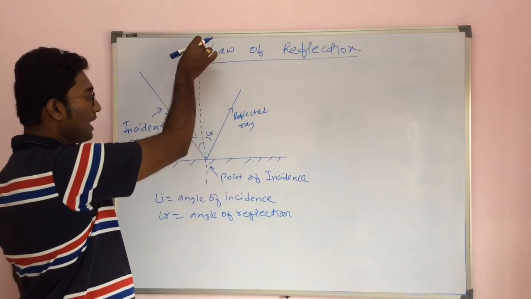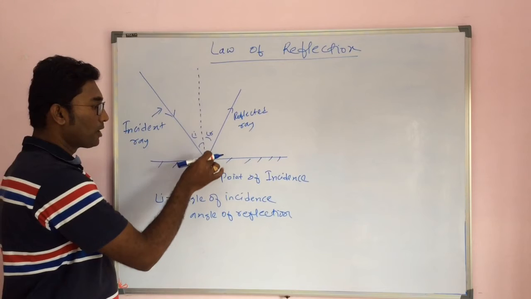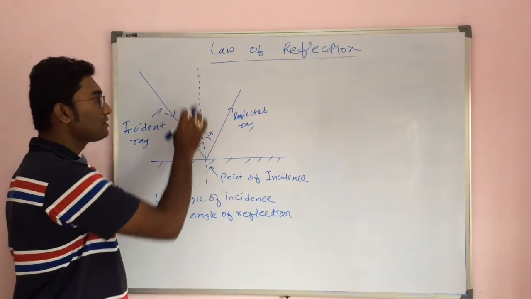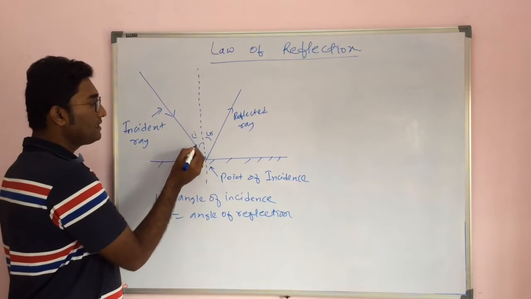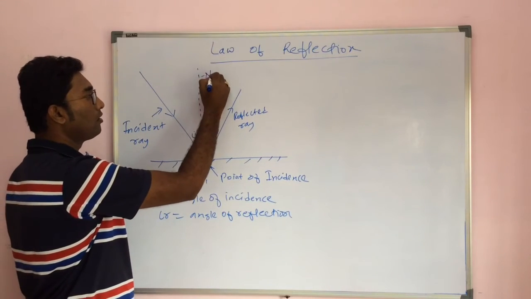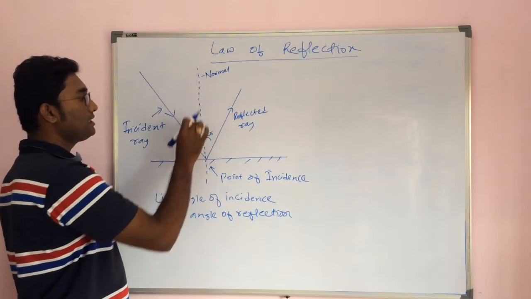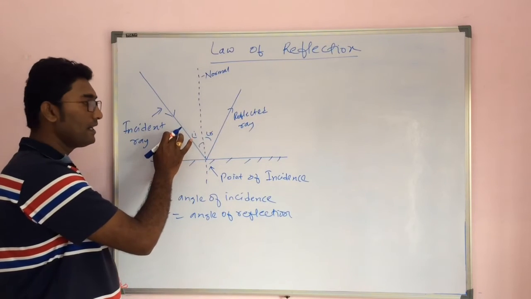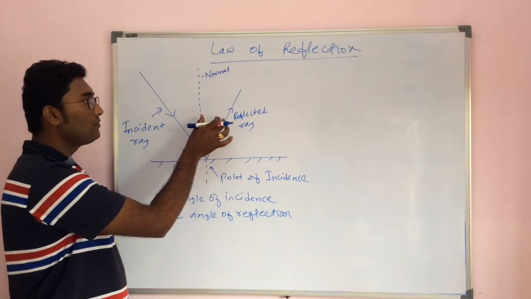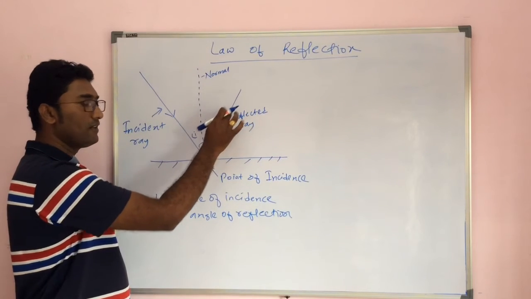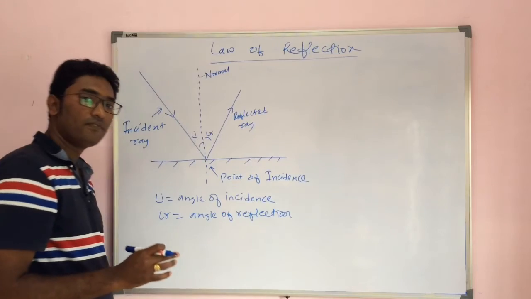Now the line drawn exactly perpendicular at the point of incidence is called the normal. The angle measured between the normal and the incident ray is called the angle of incidence, and the angle measured between the normal and the reflected ray is called the angle of reflection.